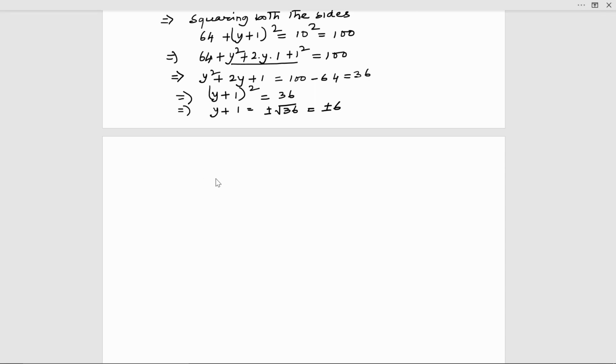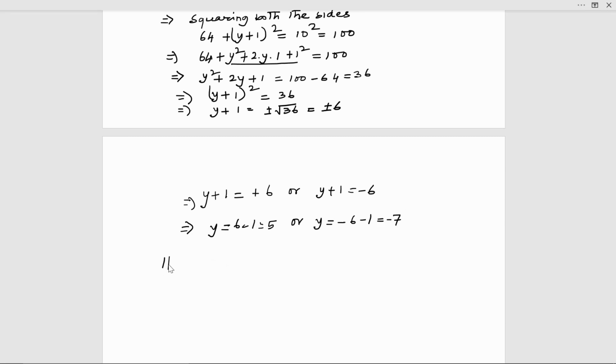Now we have y plus 1 equal to plus minus 6. So from here we can see that y plus 1 equal to plus 6, or y plus 1 equal to minus 6. Therefore, y is equal to 6 minus 1, which is equal to 5, or y is equal to minus 6 minus 1, which is equal to minus 7.